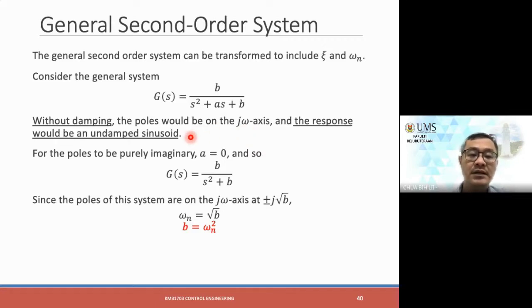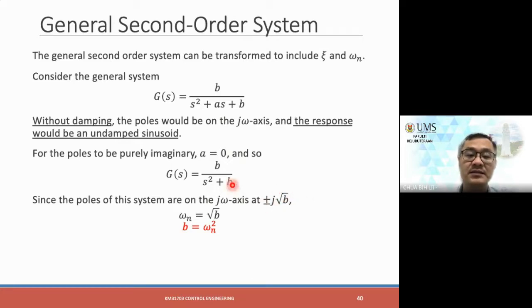Because of that, we will start to derive by looking at this characteristic. We know that this would occur when a equals 0, when this becomes s squared plus b, and therefore from that equation itself we would note that the poles would be at plus or minus j square root b.